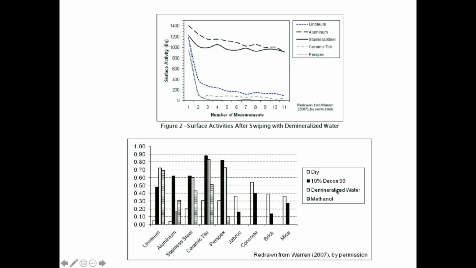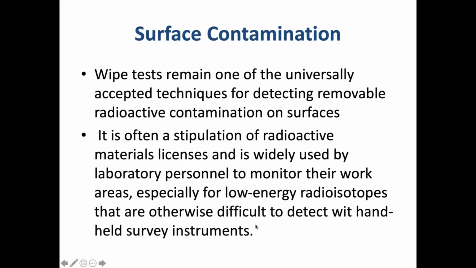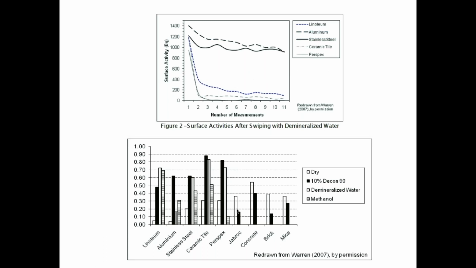Among other things, they evaluate what kind of material you would use to clean it up: dry cleanup, water, methanol, special solutions designed for cleanup, Decon 90, and so on. So they examine the effectiveness of these different cleanup techniques on different materials: concrete down here, linoleum, aluminum, stainless steel, tile, and so on. And in the top chart here, you can see how effective these various cleanups have been based on the type of surfaces that you've attempted to clean.